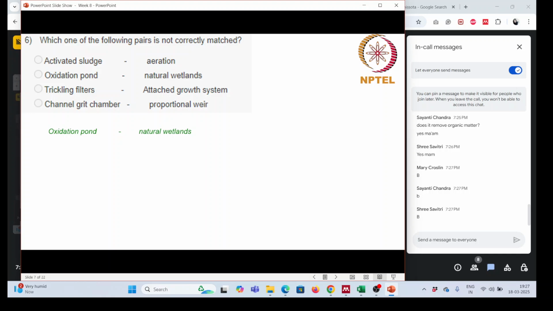Like we discussed earlier, in the activated sludge process, aeration is provided. Trickling filter is an attached growth system, the one we discussed earlier, right? What kind of reactor? A fixed bed, packed bed reactor. And channels of grit chamber are made in terms of proportional weir. So the oxidation pond is not a natural wetland.